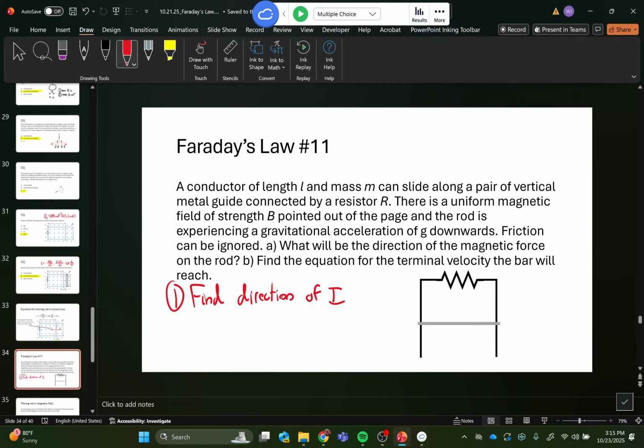Yeah, so we're not quite at A yet. To figure out the A, we got to find the direction. No, out of the page.